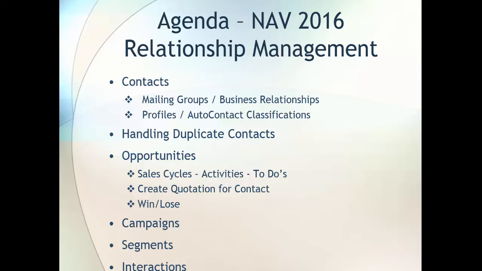And within our campaigns, of course, we need to attach our contacts, and we will do that through something called segments. When we've got our campaign set up and our contacts arranged, then we will send out the interactions or the mail shot, whatever it might be, through to our contacts.